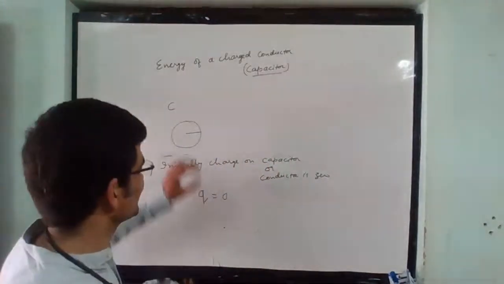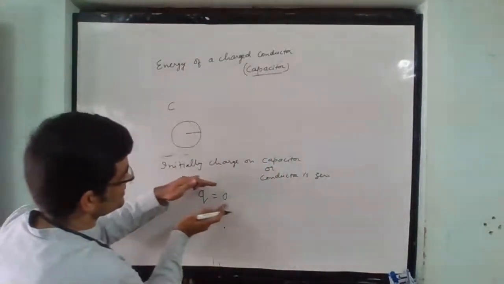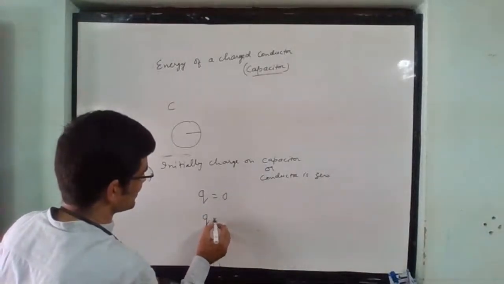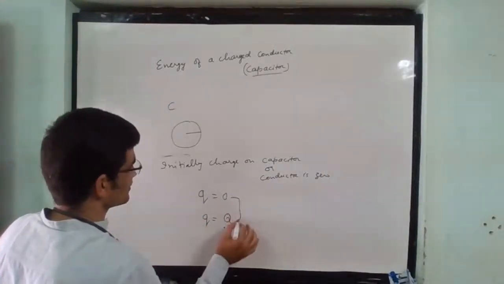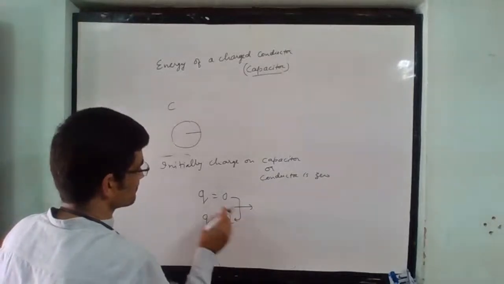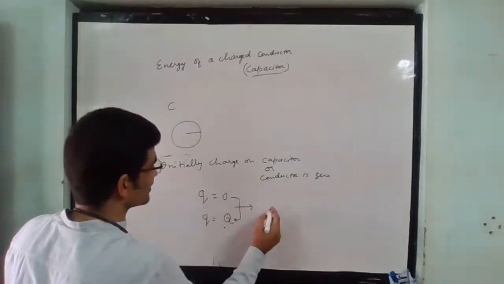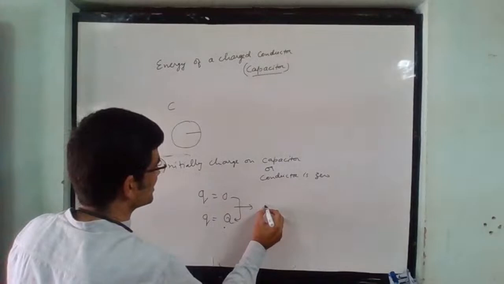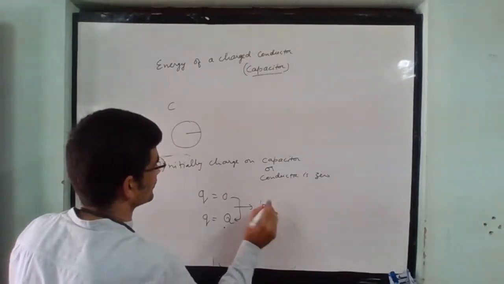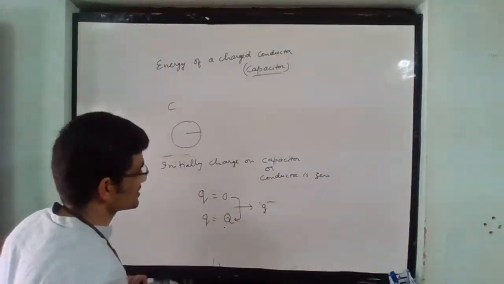So there is a final charge. Say the initial charge is 0, and the final charge, suppose it is capital Q. In between, at an intermediate stage, suppose the charge is q.